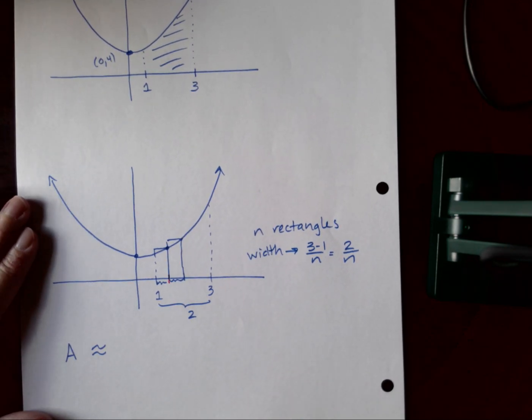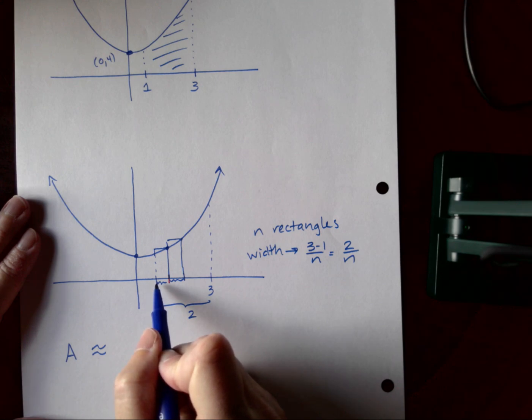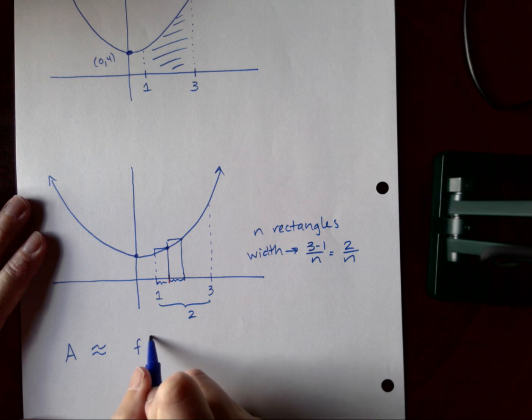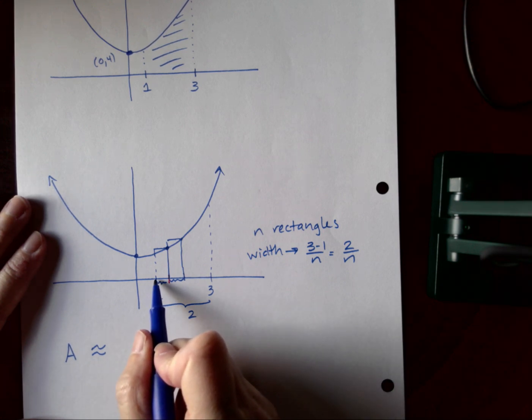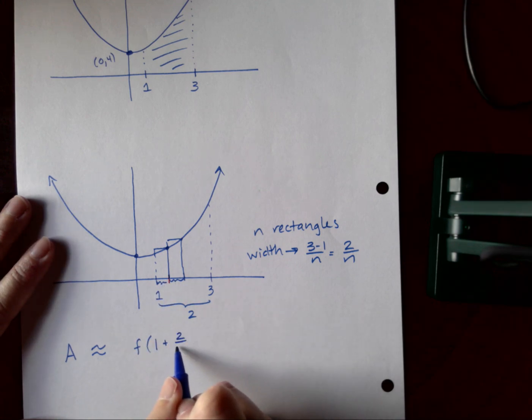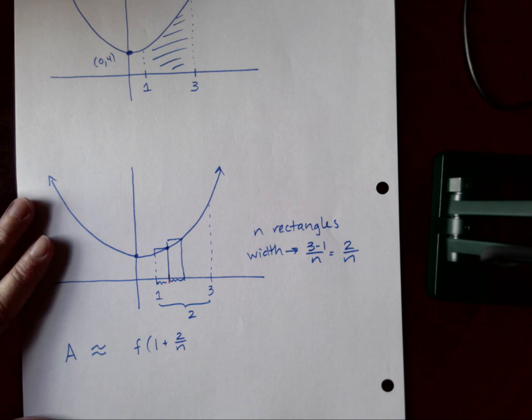All right. So if we just write down one of the heights, it'll be our function evaluated at 1 plus, because that 1 is the left-hand edge, we need to give it a little nudge. The first little nudge would be 2 over n. The next little nudge would be 2 sets of 2 over n. The third little nudge would be 3 sets of 2 over n.